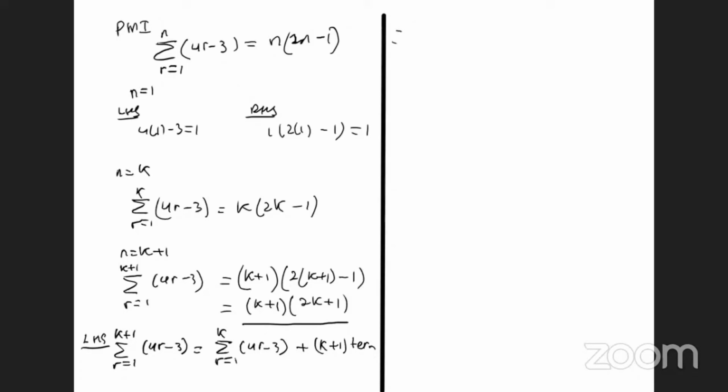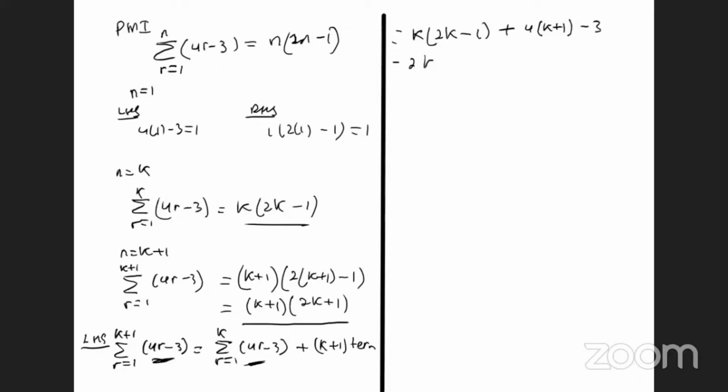When I make my little substitution, I'm going to replace this with this, and I will get k by 2k minus 1. How do I get the k plus 1 term? Just take off r in here. So that'll be 4 by k plus 1 minus 3.